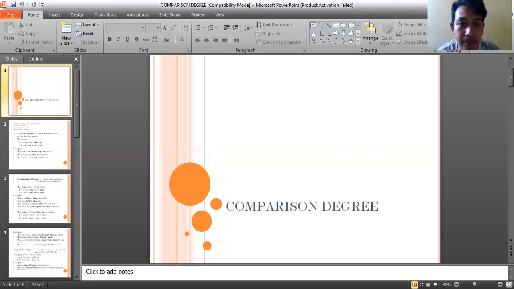Okay, look at the example. Number one: his behavior is as bad as his brother's. It is the example of positive degree. You can see in "as bad as". Number two: New York has the most tall buildings of any city in the world.